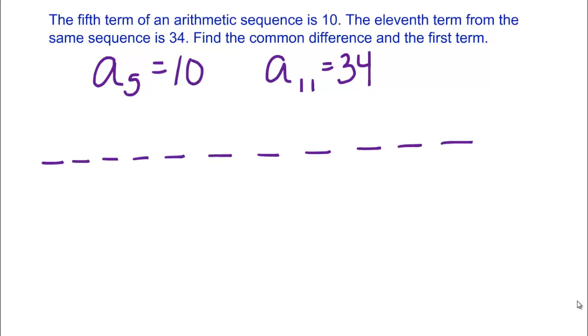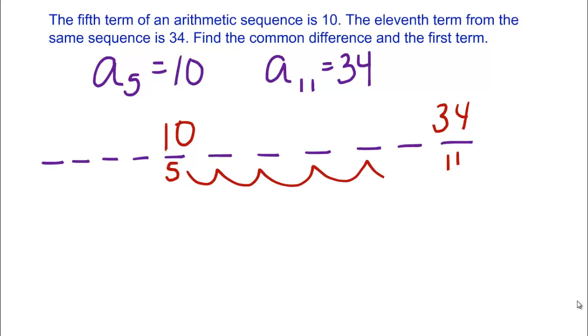On our fifth term, we had the number 10. On the 11th term, we had the number 34. How many spaces did we jump to get to 11 from 5? We jumped 6 spaces.